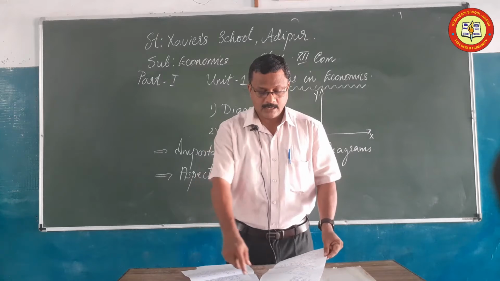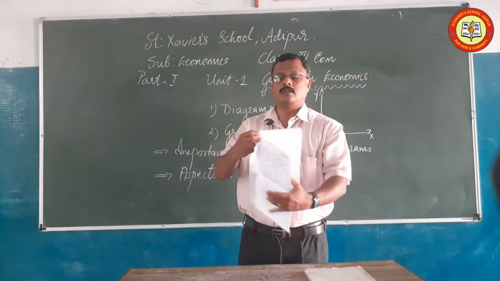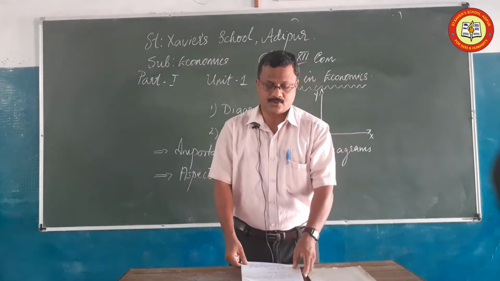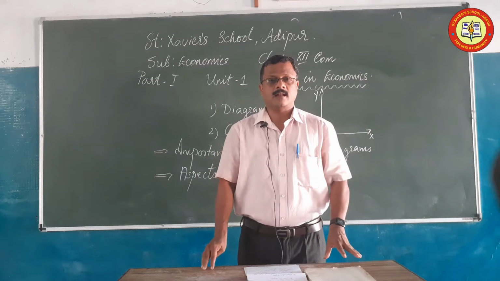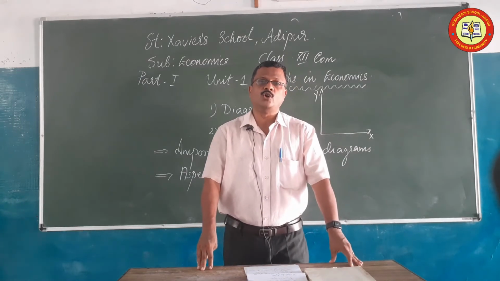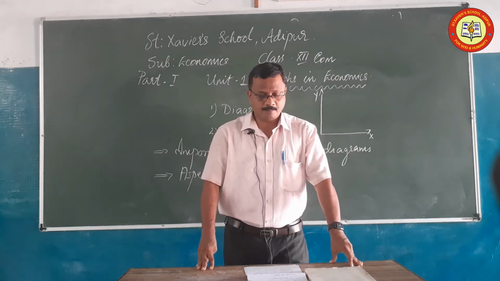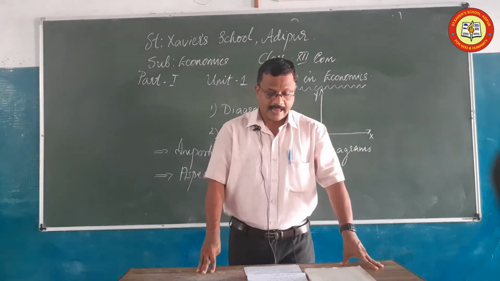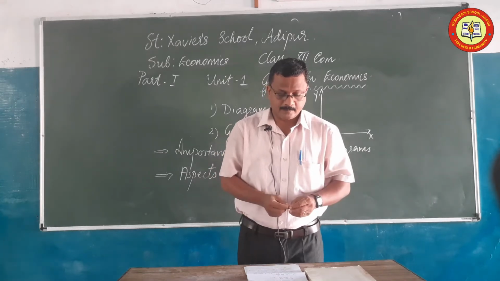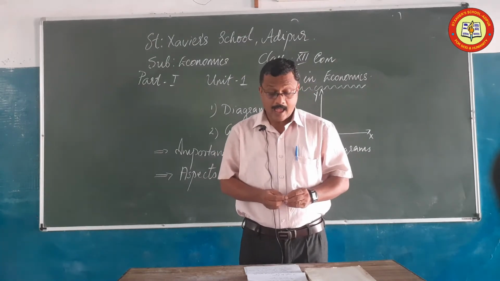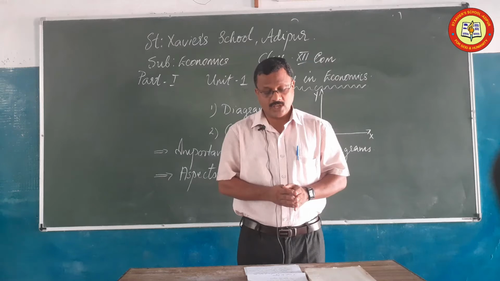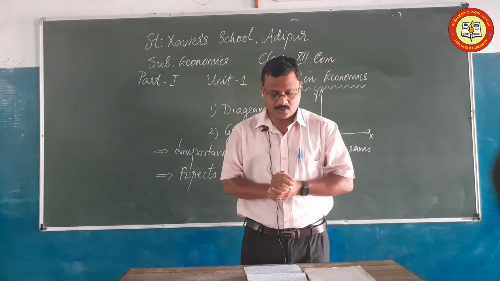Now students, let us see which are the types of diagrams. There are as many as, according to your textbook, 6 types of diagrams: pictogram, scatter diagram, line diagram, circle diagram, bar diagram, and pie diagram. These are the 6 types of diagrams.